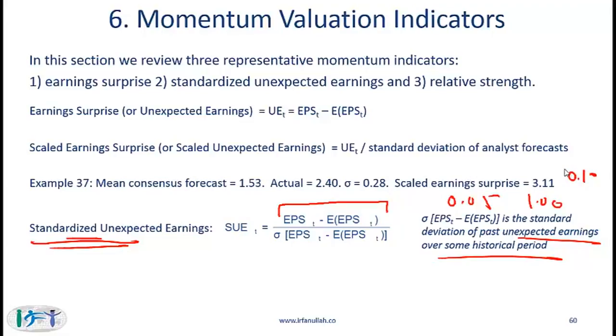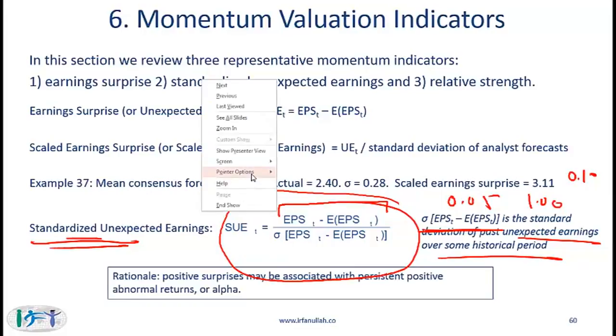So you take a certain period, let's say 2 years, and you find the standard deviation of the unexpected earnings over that period. If you have a company where the standard deviation of these unexpected earnings is very low, that means that for this particular company, historically, the earnings number that is announced is typically close to the earnings number that had been forecasted. So if that company has an earnings surprise, it's a much bigger deal relative to a company that has a history of having earnings surprises. So that is captured by this measure.